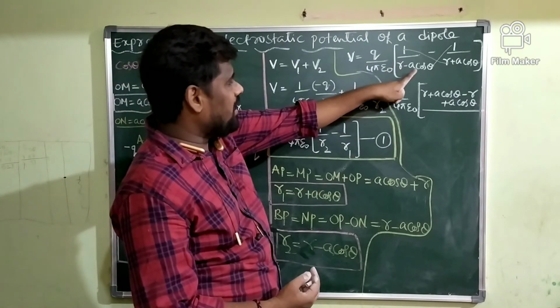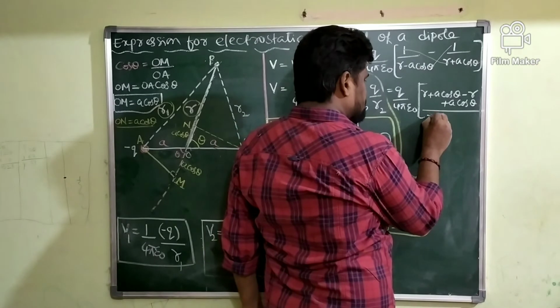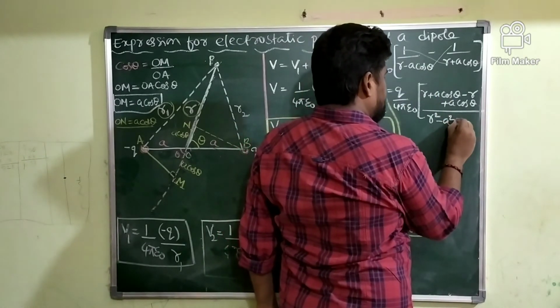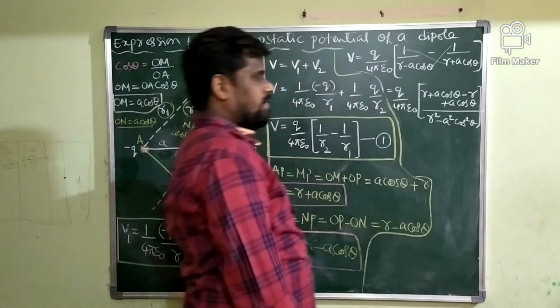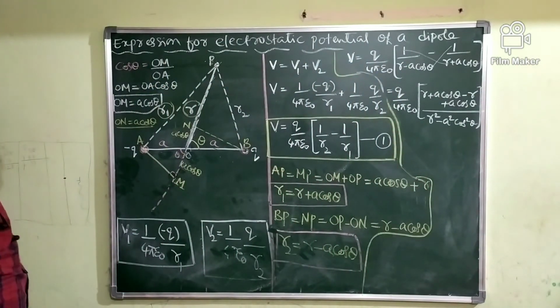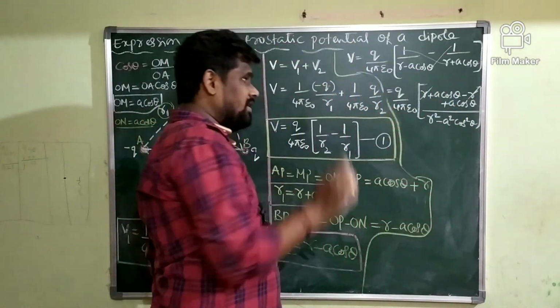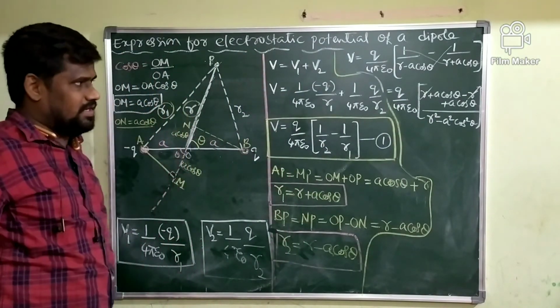It is of the form A minus B into A plus B, which is A square minus B square, so R square minus A square cos square theta. Next step, plus R minus R gets cancelled. A cos theta plus A cos theta is 2A cos theta.